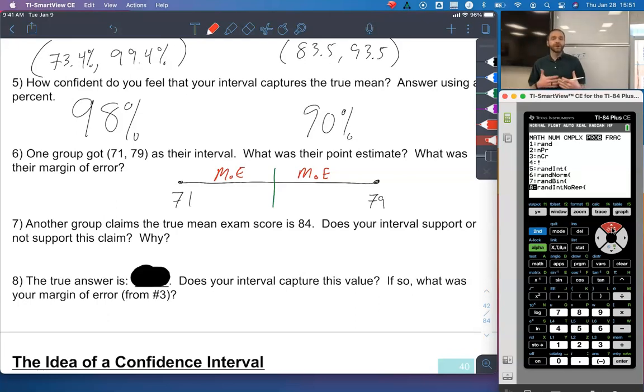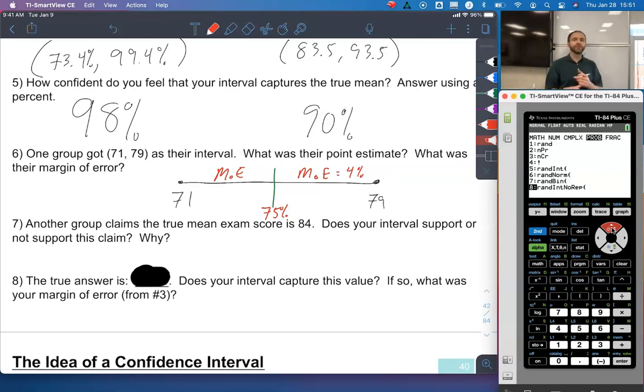So really it's going to be the midpoint in that case. And if I think about the midpoint here, it is 75%. So I'm going to say their point estimate was 75%. Their margin of error then was 4% because 75 plus 4 is 79, 75 minus 4 is 71.